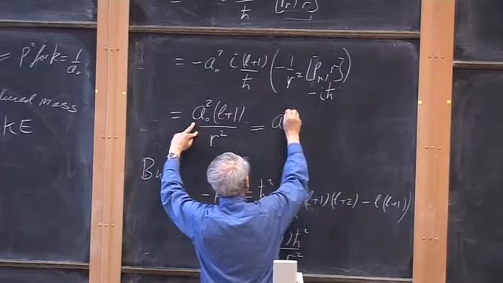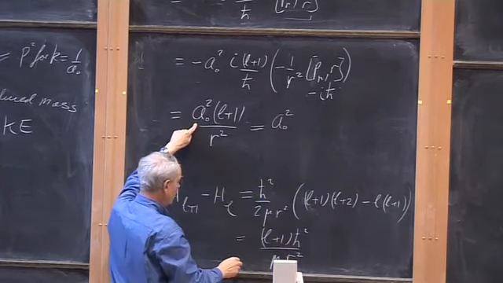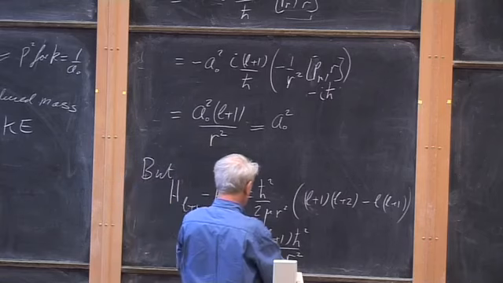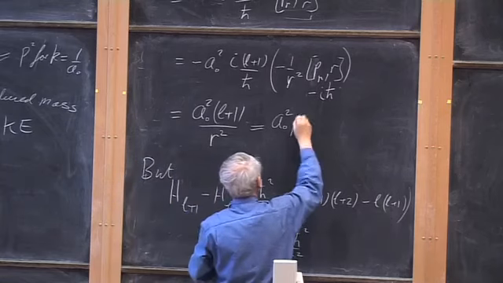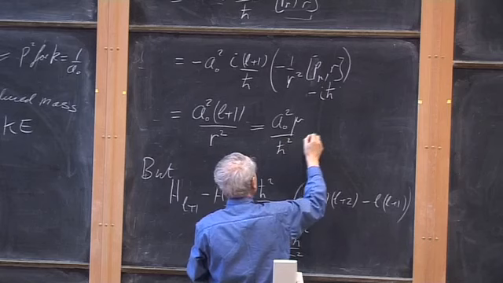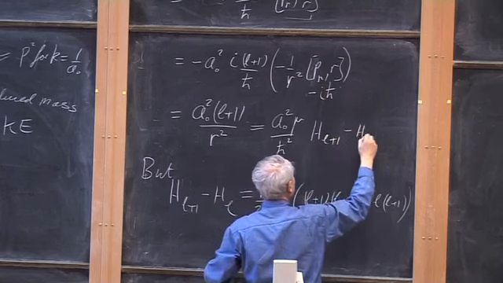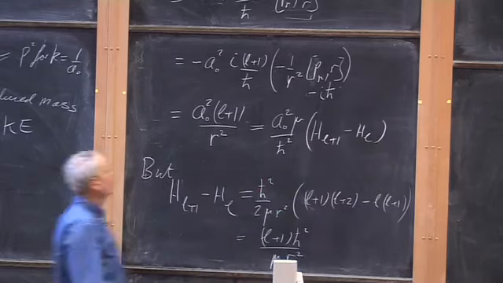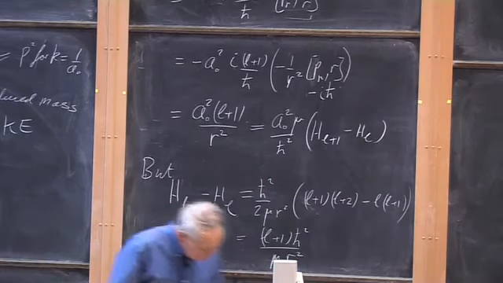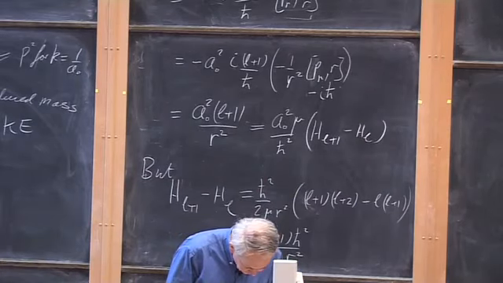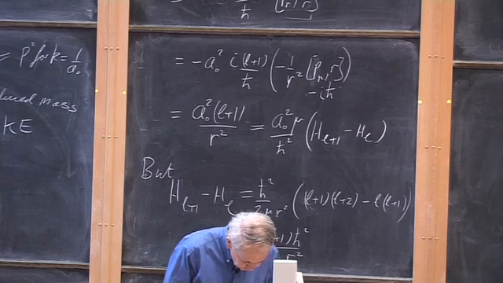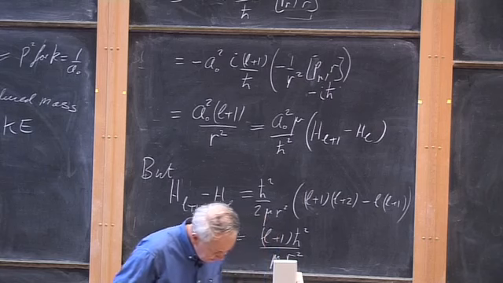There's going to be a naught squared, that's this a naught squared. Then we will want to multiply by mu, divide by h bar squared, and then we'll be able to say this is H_(L+1) minus H_L. Check that we haven't got any horrible factors amiss. Okay.